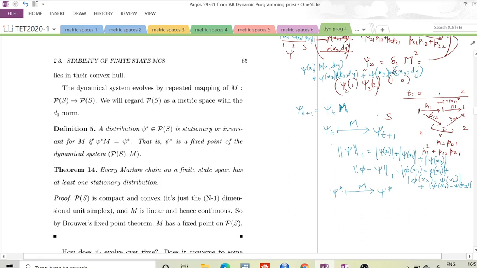So in terms of dynamics, if you start with a marginal distribution C star, you're going to remain there. Or if some dynamical system described by this converges to some C star, then once it is at C star, it's not going to go anywhere, right? So you can also see in the language of fixed points that C star is a fixed point of the map M, right? So C star times M is just C star, okay?